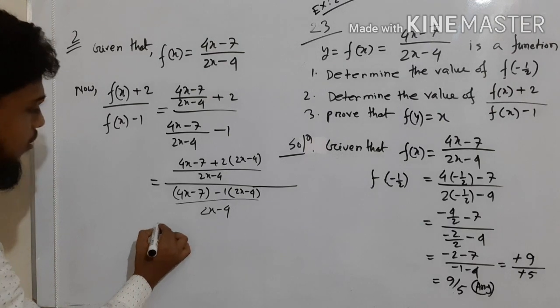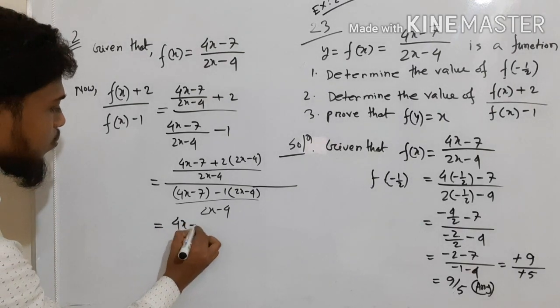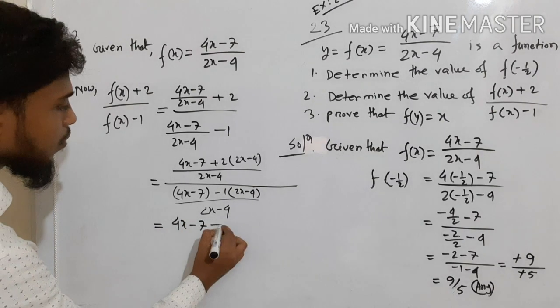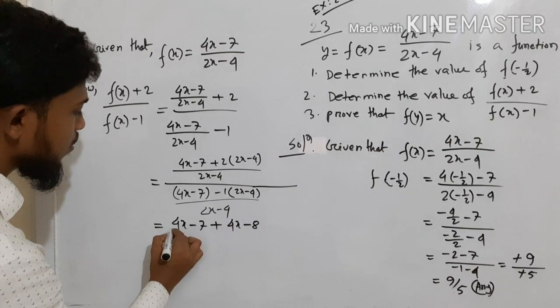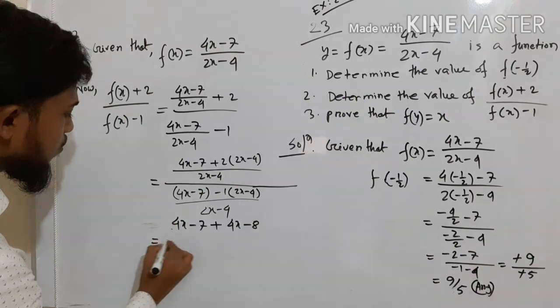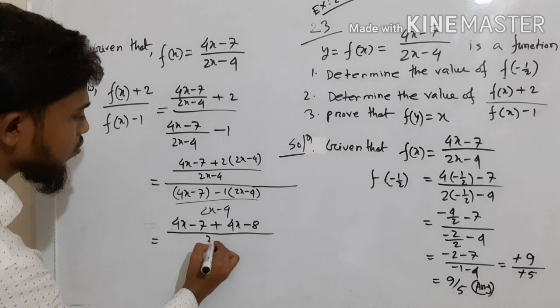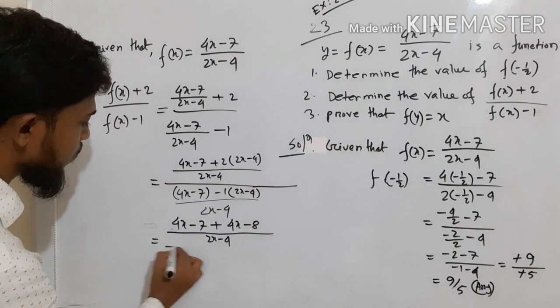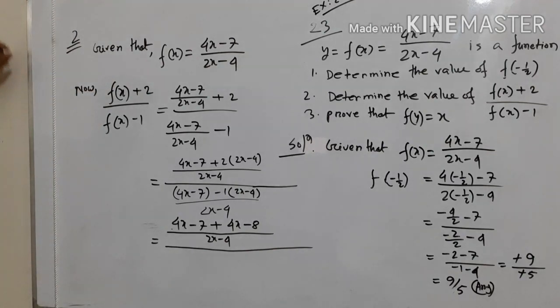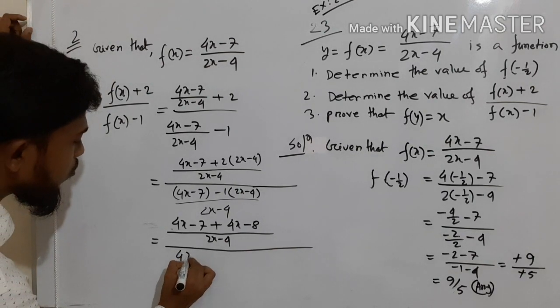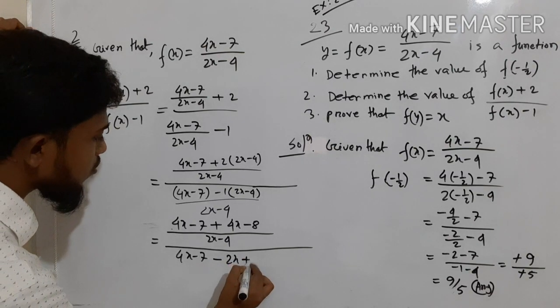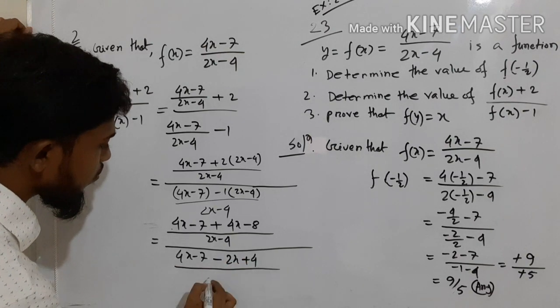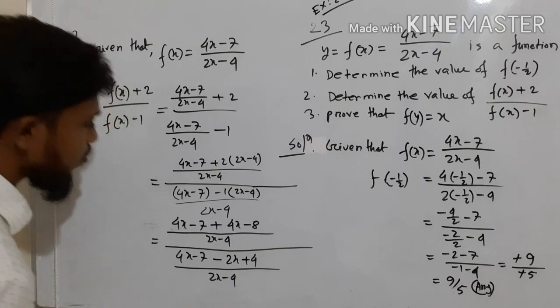Now, we can write 4x minus 7 plus 4x minus 8 divided by 2x minus 4, divided by 4x minus 7 minus 2x plus 4 divided by 2x minus 4.